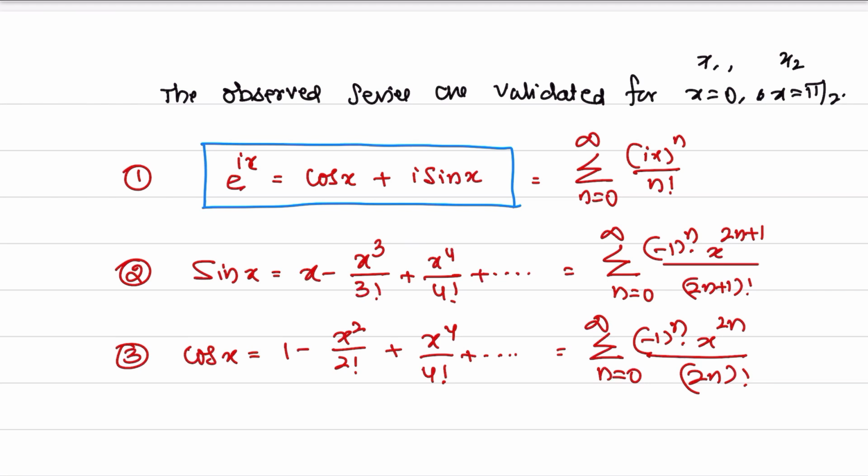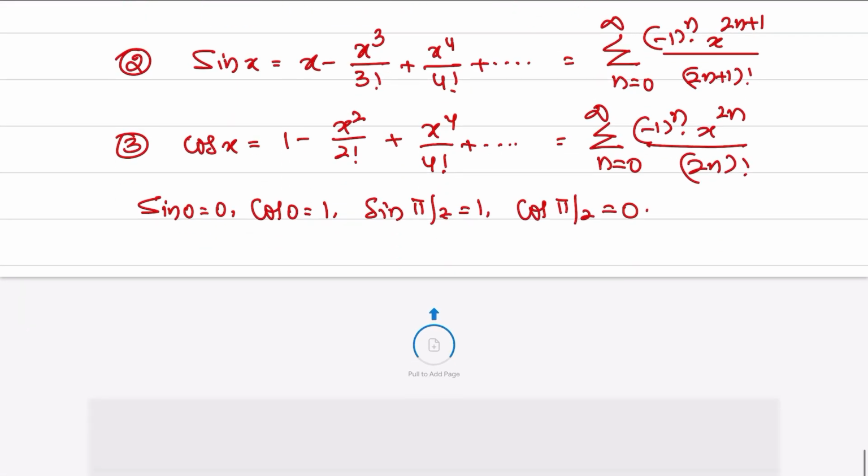These are the final observations, and from that we have derived that sin 0 is equal to 0, cos 0 is equal to 1, sin pi by 2 is equal to 1, and cos pi by 2 is equal to 0. These are the observations we made from this series.